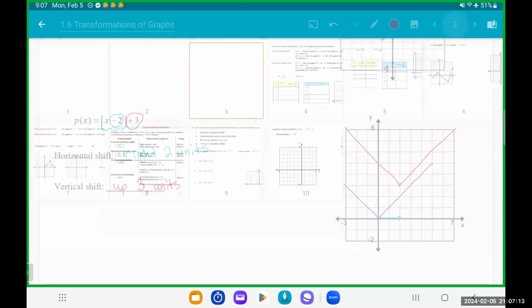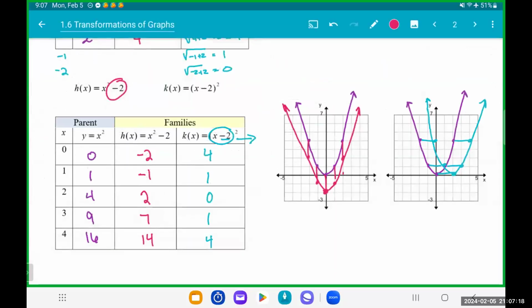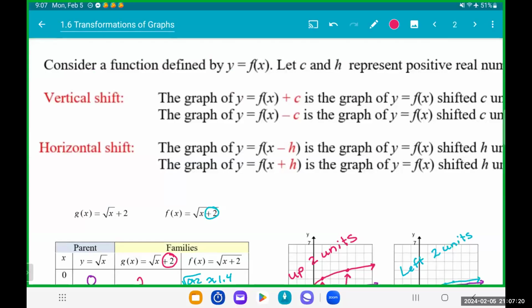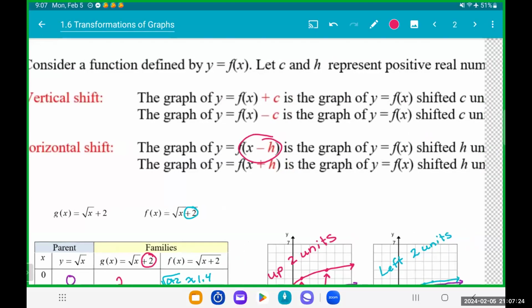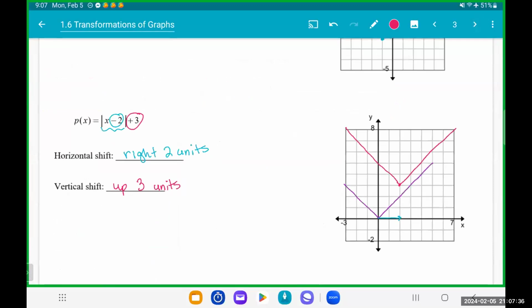If you recall back here, if it's minus, we're shifting to the right. And if it's positive, we're shifting to the left. So since that is minus in here within the function itself, that's why it's to the right.